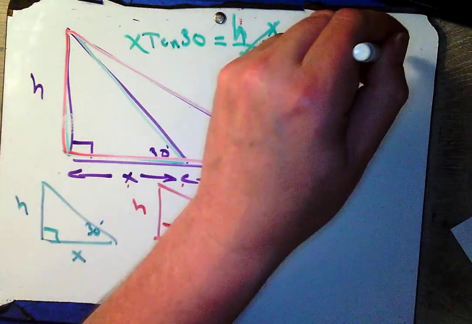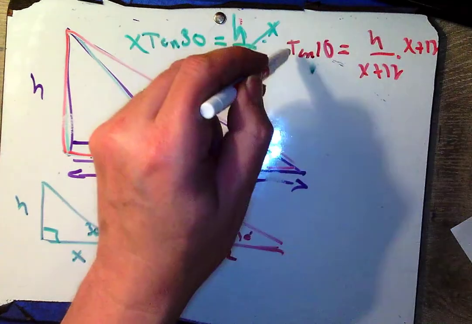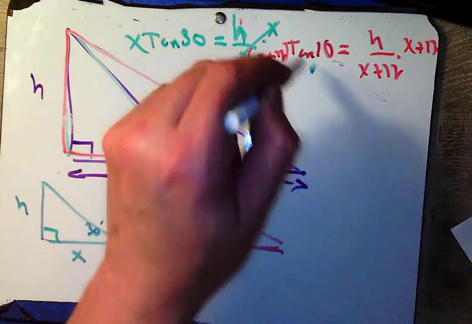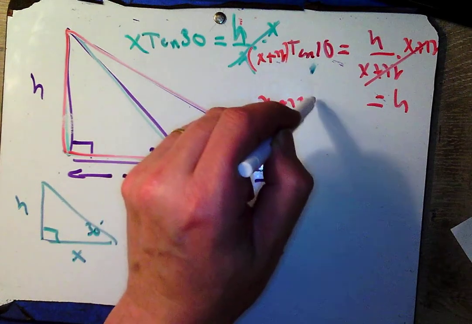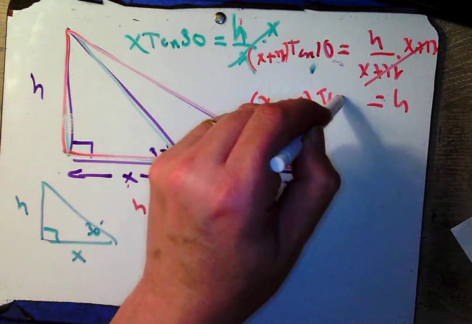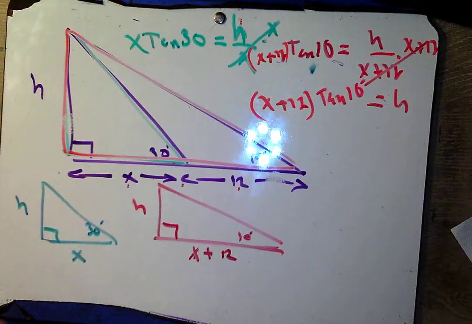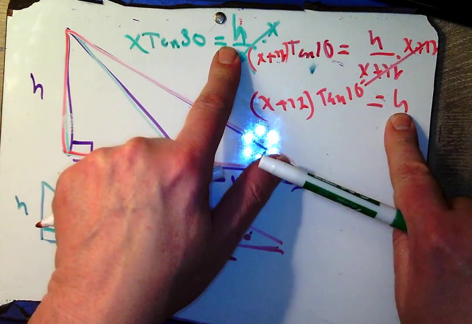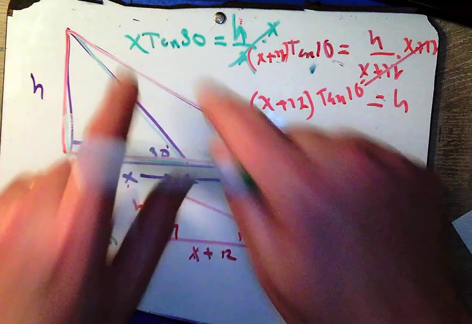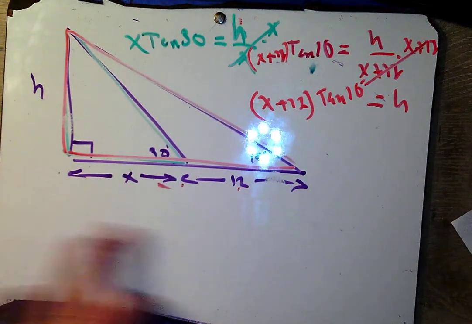And if I multiply over here by x plus 12 on both sides, I get h equals x plus 12 all times tangent of 10. Well, look, both of these equations are now solved for h, so I can set this stuff equal to this stuff. What will I have then?